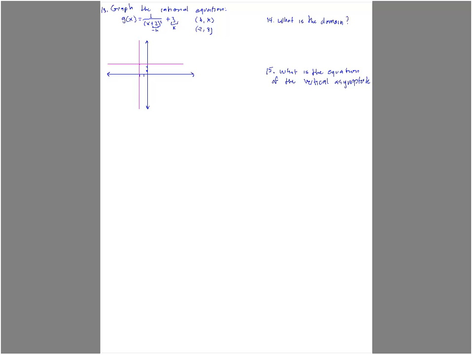Now, it's important to notice that this is squared. So it's a rational function, but the denominator is squared. What that means is that it can never be negative. Normally with rational equations, you're going to have the two sides opposing one another. So one goes up to infinity, or comes down from infinity and goes to the horizontal asymptote. The other goes from the horizontal asymptote down to infinity.